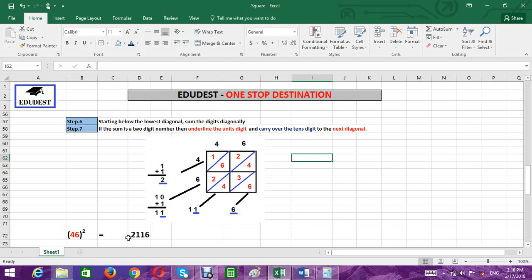Here it is 2, then 1, 1, then 6. That means our answer is 2116, which is the square of 46.